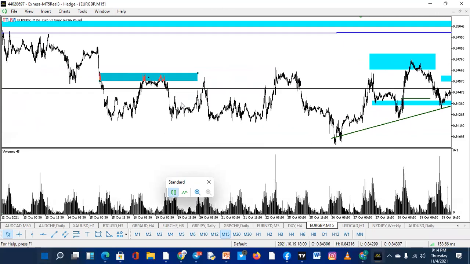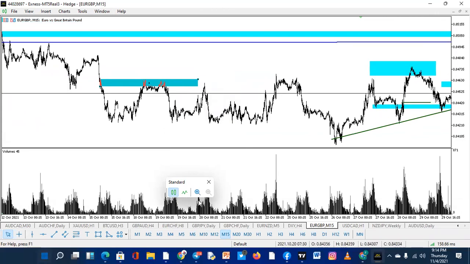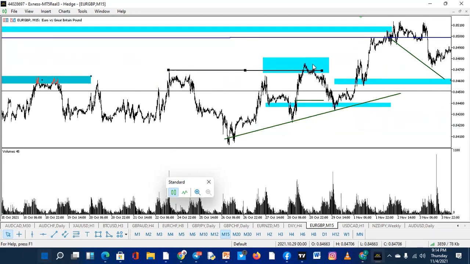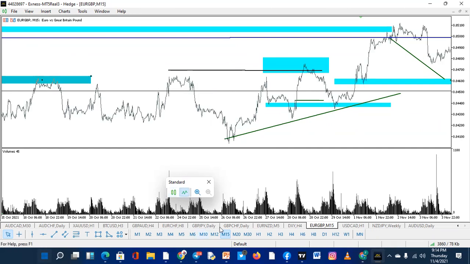It had a clear break of structure here. And market had already created this one below this high. You can draw it with a trend line if you use a line chart.